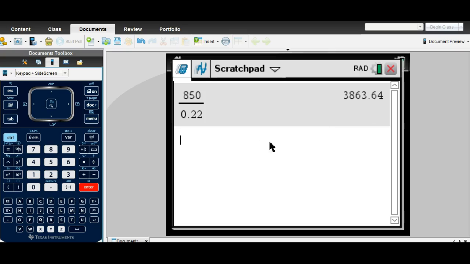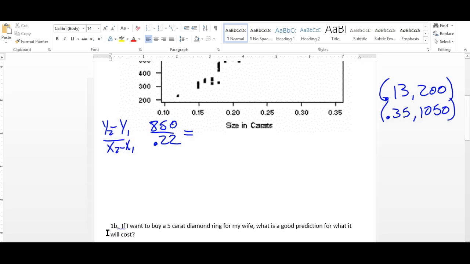So, 3864, I'm going to round that. That is my slope, 3864. Once I know the slope, which is m, I can use one of these points. I'll choose that one. No, that's not b. What am I doing? I got to find b. That's my x1 and y1.